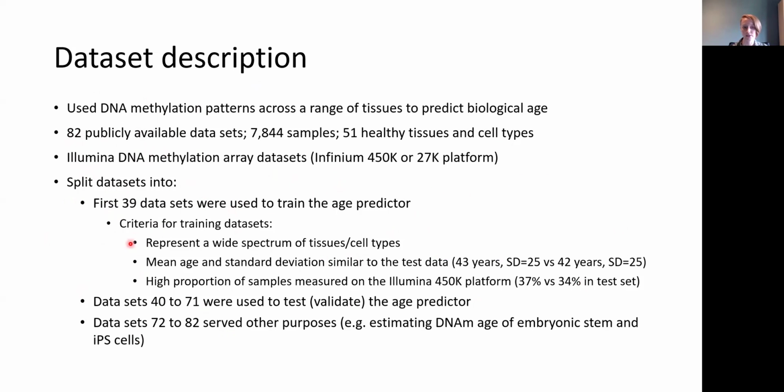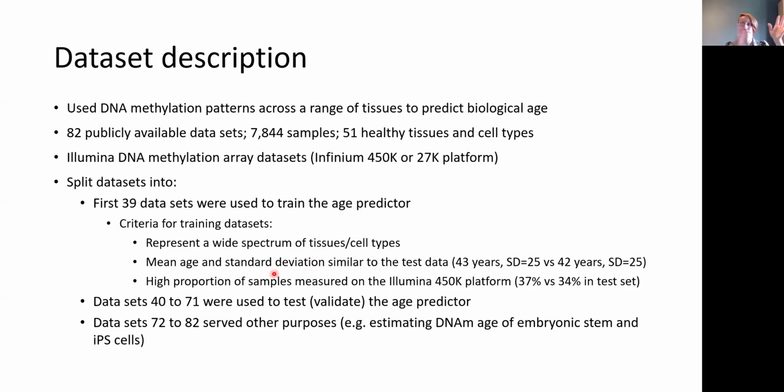They set a few different criteria for this. So they wanted to have a wide spectrum of tissues and cell types in their training data so that they had good data across different tissues and cell types and hopefully could get a broad prediction across those. They also tried to keep the mean age and standard deviation similar to the test data.